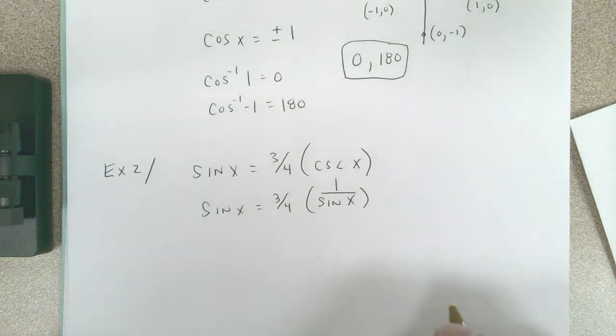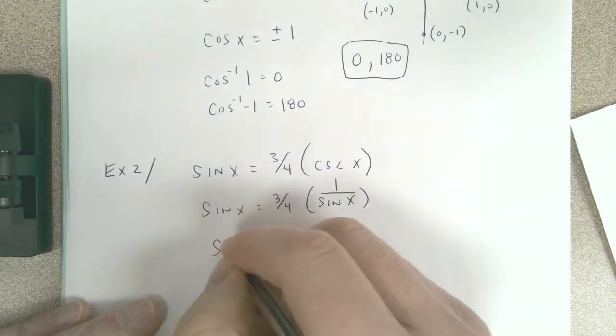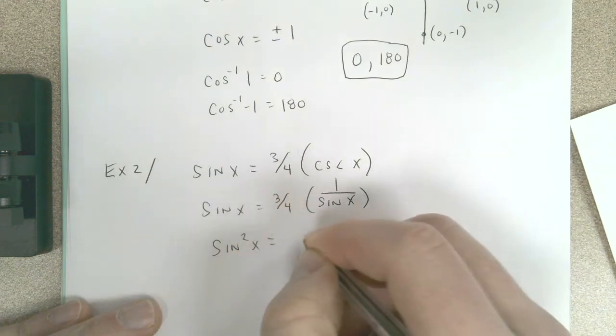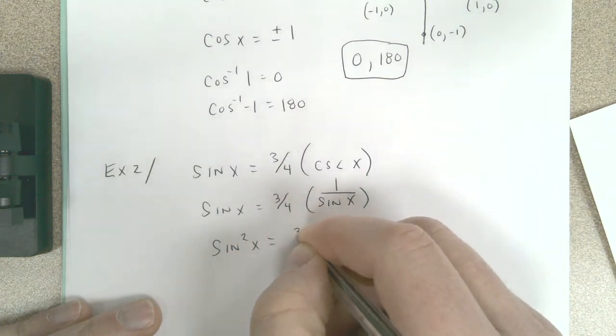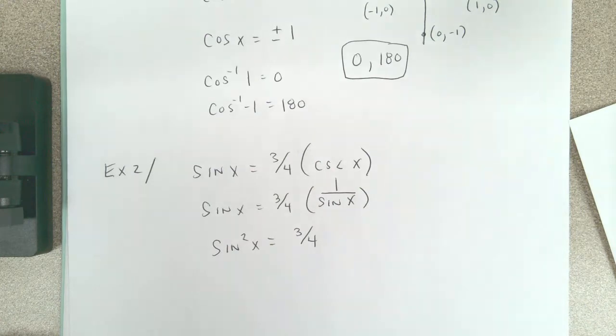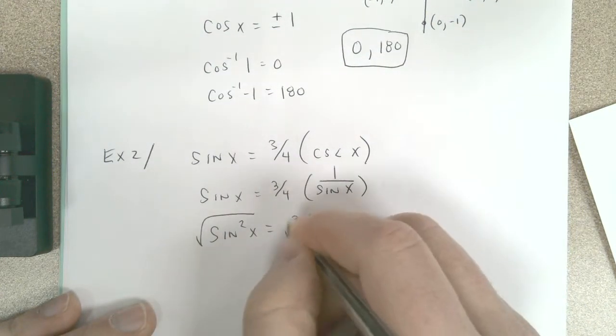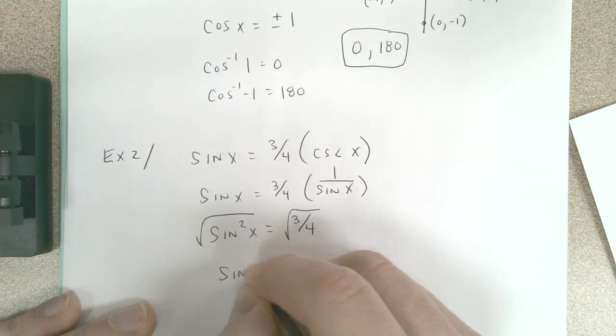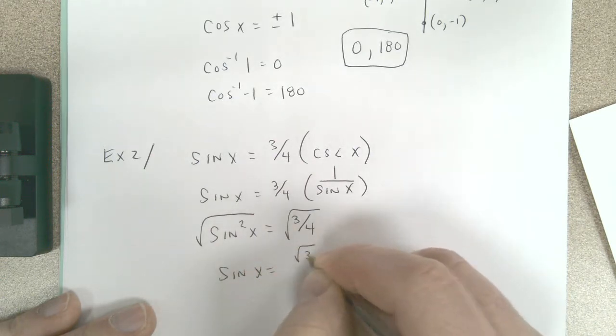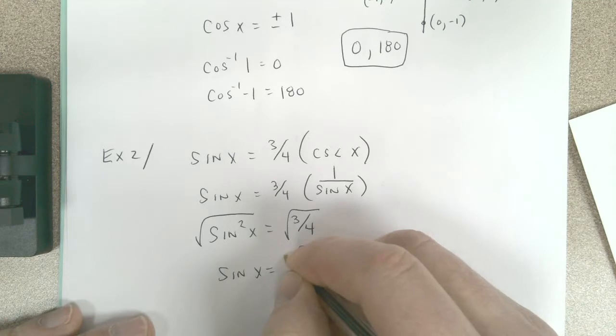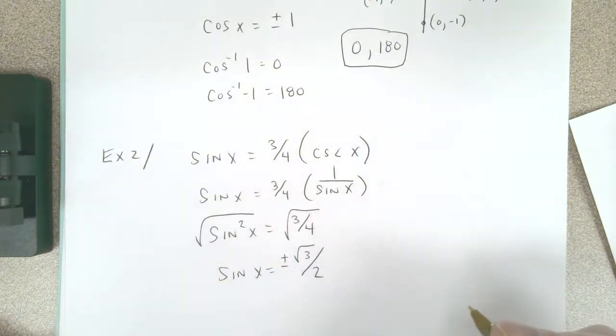And if I multiply both sides by sine x, I get sine squared x equals 3/4. If I take the square root of both sides, we get sine x equals the square root of 3 over 2, and that's going to be plus and minus.